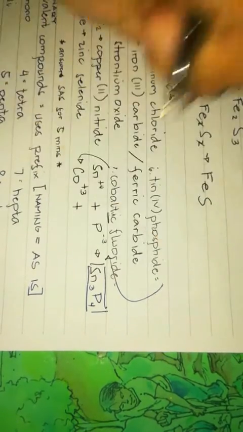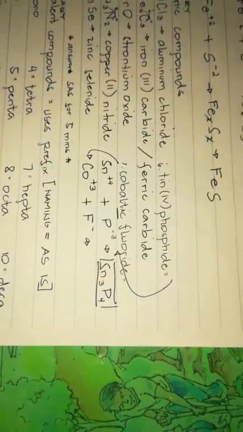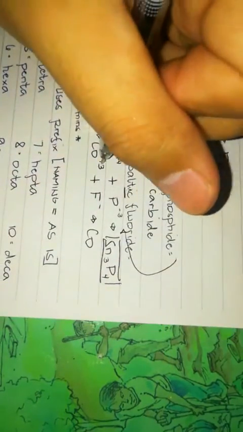So it is Co positive 3 plus fluoride F negative 1. So mangyayari, mag-exchange sila. Yung 1 mapupunta kay cobalt, so Co. Yung 3 mapupunta kay F, so it will become F3. So this is our cobaltic fluoride.